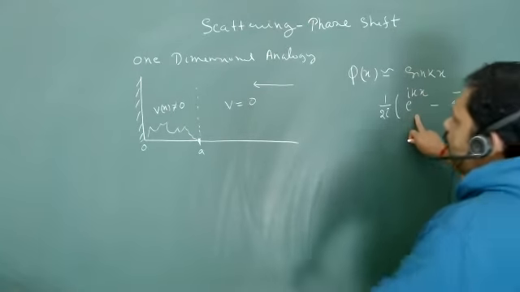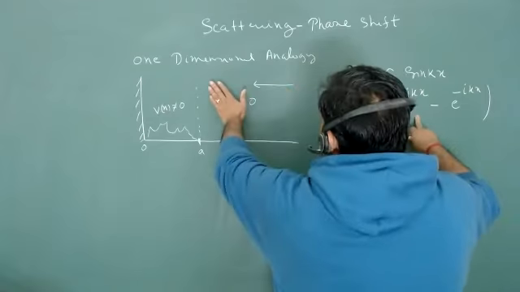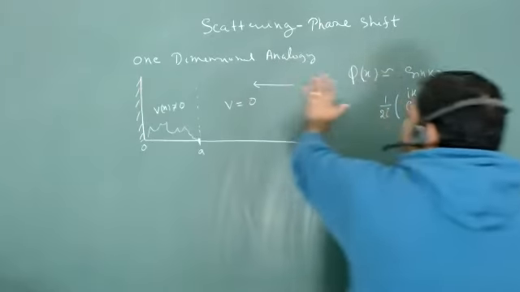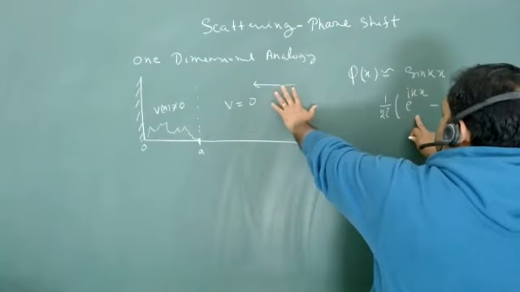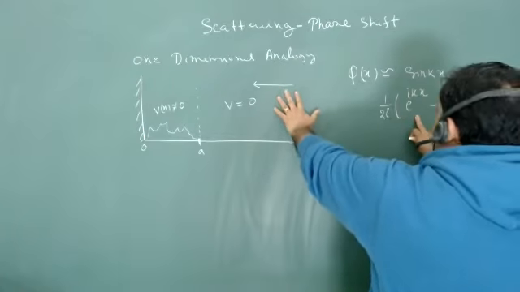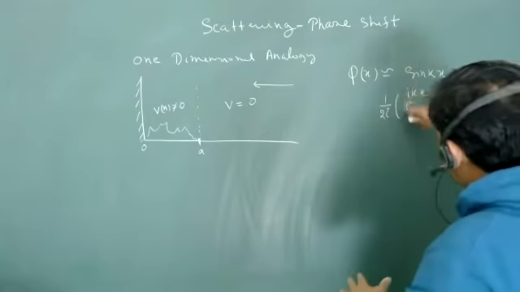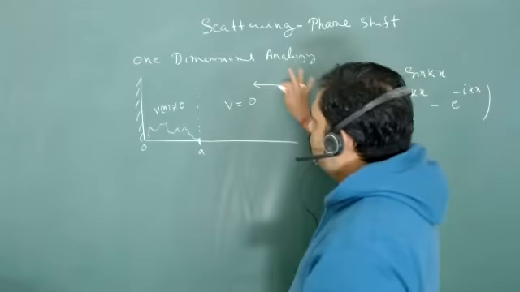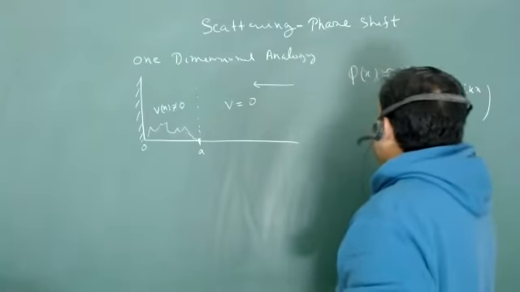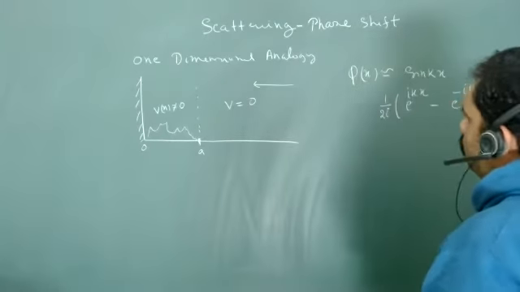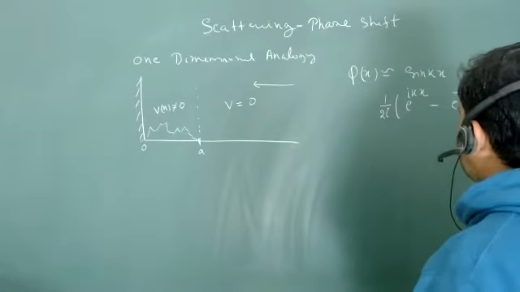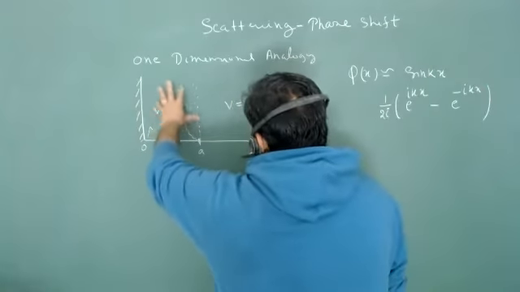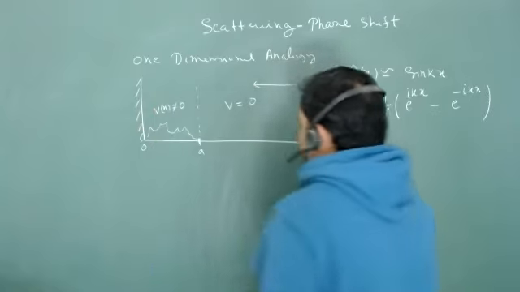In this region, you have the incoming wave function as well as the outgoing wave function, because after the collision, your particle will also come back into this region. So you have the incoming wave function and you have the outgoing wave function in this particular region. Now, what will happen after your wave function interacts with this potential?